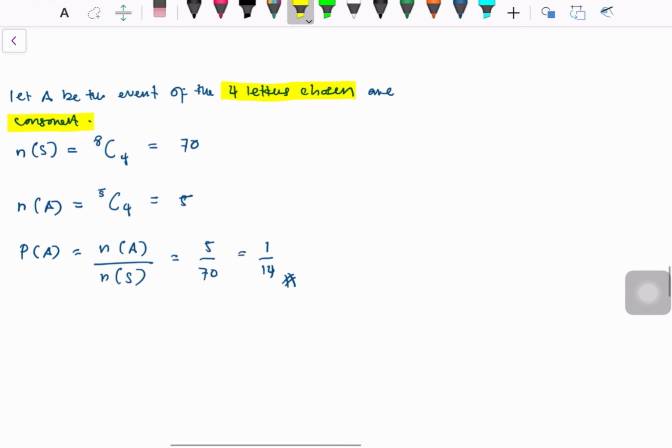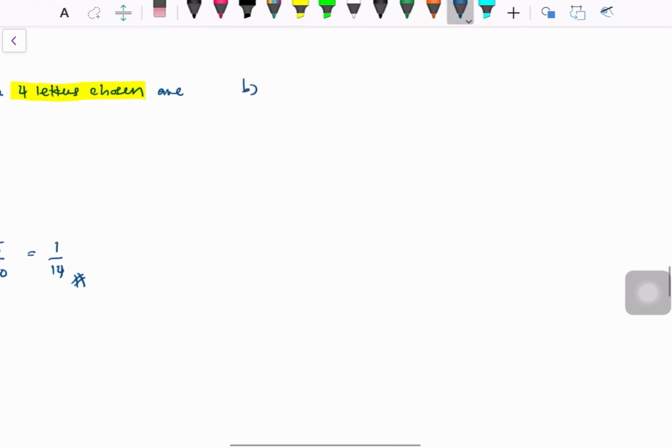First, let B be the event that C is chosen.